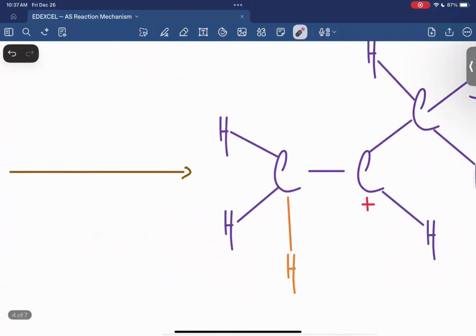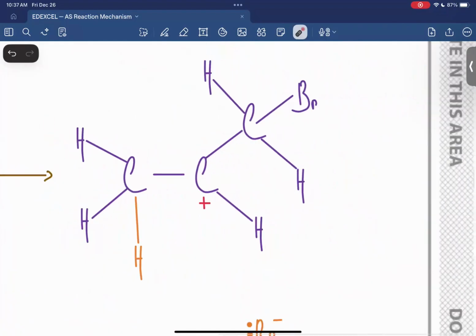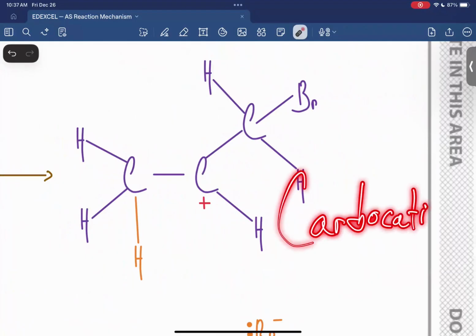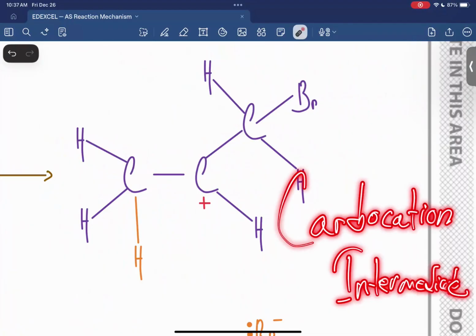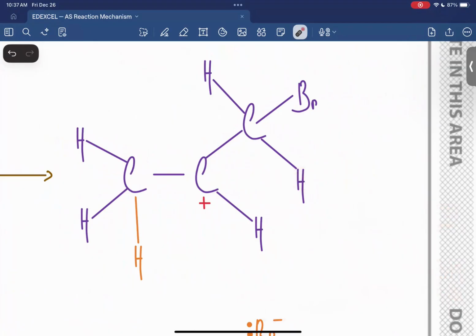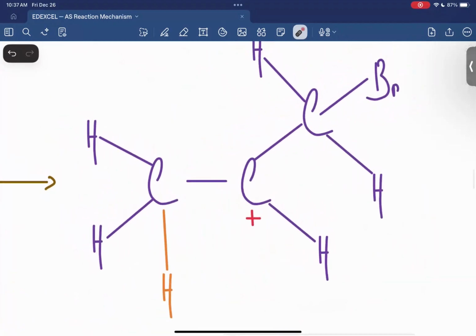Now it basically leads to the formation of a carbocation intermediate that is stable. What do I mean by this? First of all, this is a carbocation intermediate, as we have seen from the earlier part of the question.